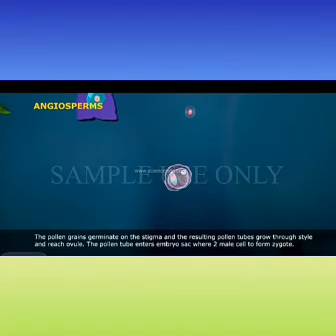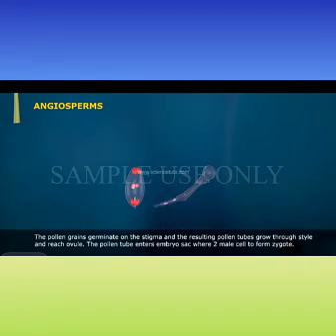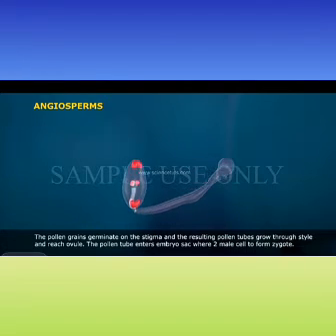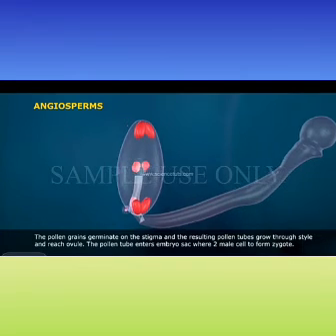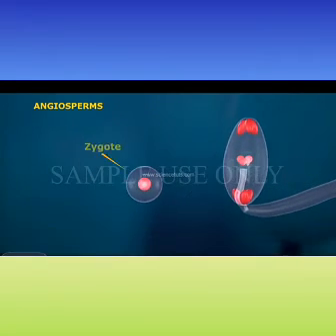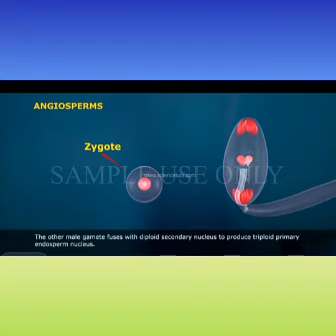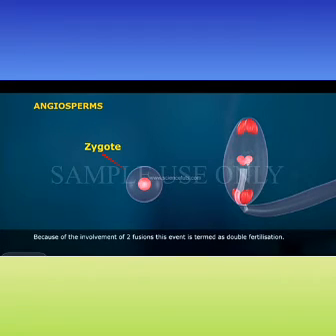The pollen tube enters the embryo sac, where one male cell fuses with the egg to form the zygote. The other male gamete fuses with the diploid secondary nucleus to produce the triploid primary endosperm nucleus. Because of the involvement of two fusions, this event is termed double fertilization.